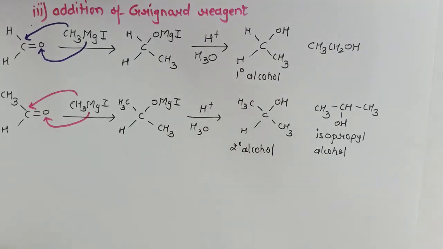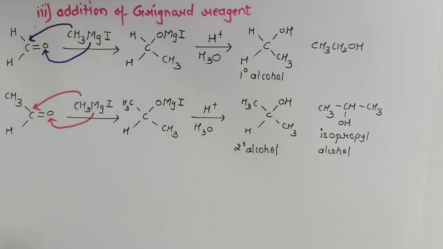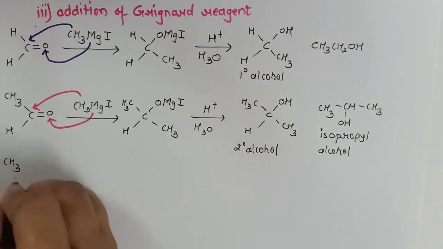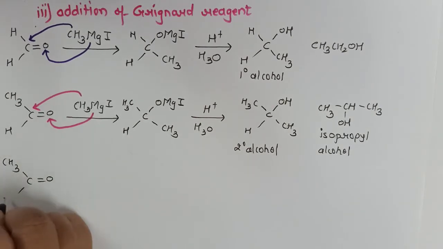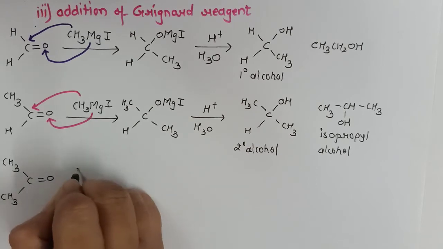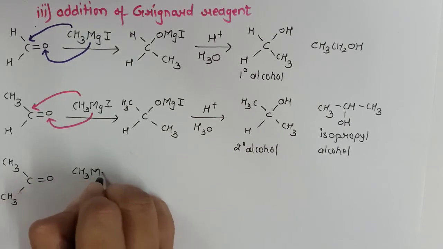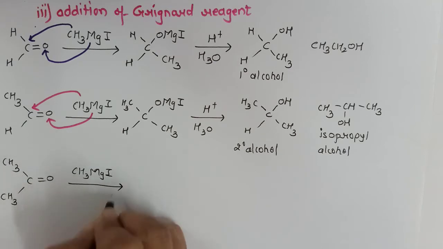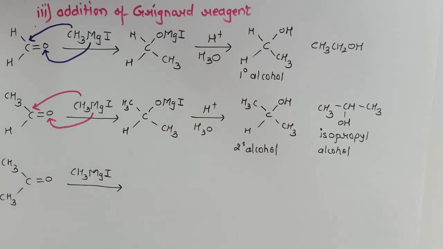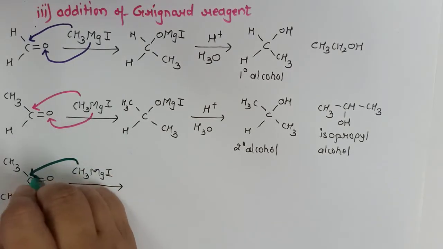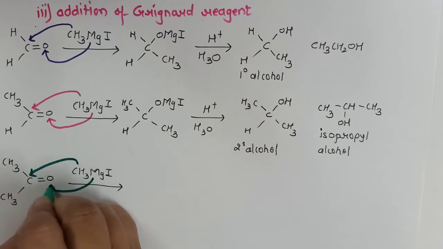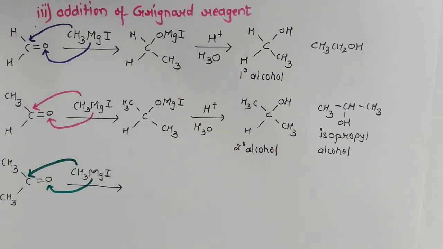Now when a ketone is subjected to reaction with Grignard reagent, I have taken the example of propanone reacted with methyl magnesium iodide. The movement of the alkyl group, movement of the magnesium halide part.